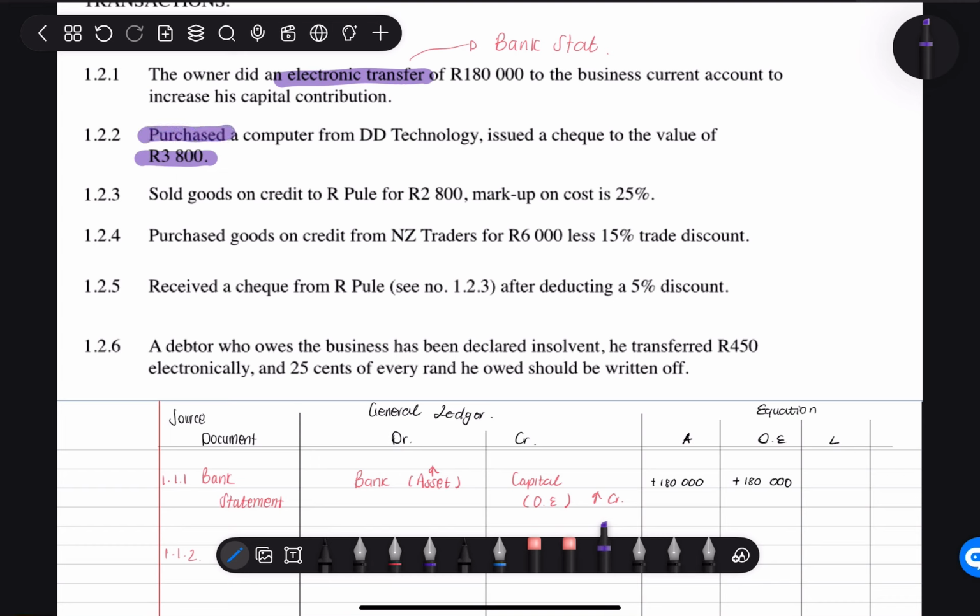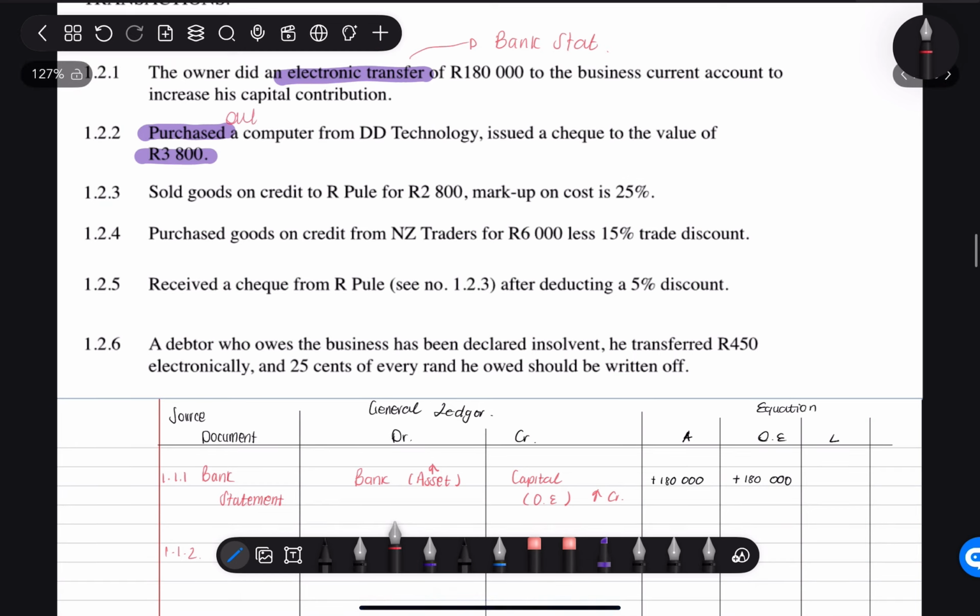They purchased, so it's money going out. Outflow. We're not told it was on credit, we're told it was a check, so we know this is cash. And cash always links to bank. So because it's an outflow, bank is going to be decreasing in value. Bank decreases in value on the credit side.